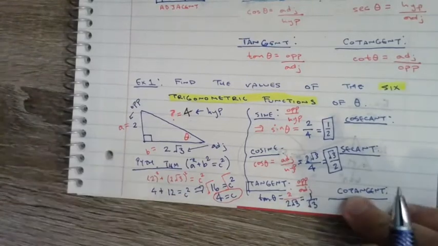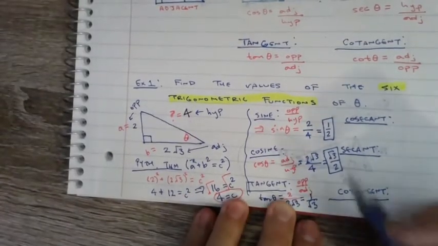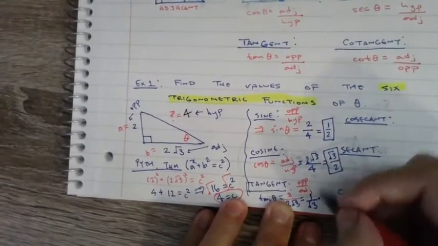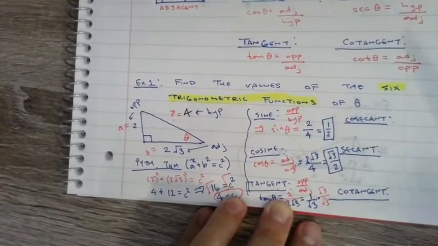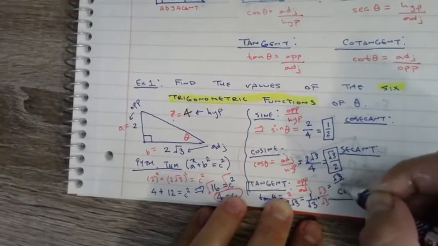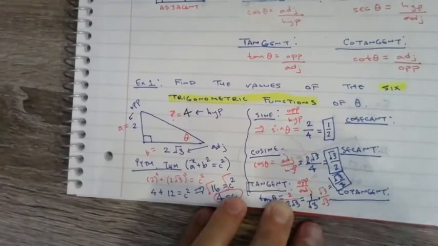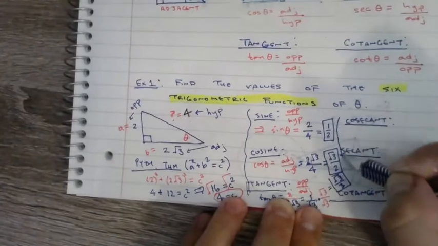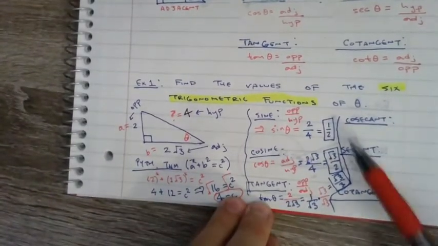But if you recall from algebra 2, we don't like radicals at the bottom, so you multiply the top by square root of 3 and the bottom by square root of 3. Your answer is going to be square root of 3 all over 3, because square root of 3 times square root of 3 gives you 3. I'm running out of space right here, but there you go. You have your sine, your cosine, and your tangent.